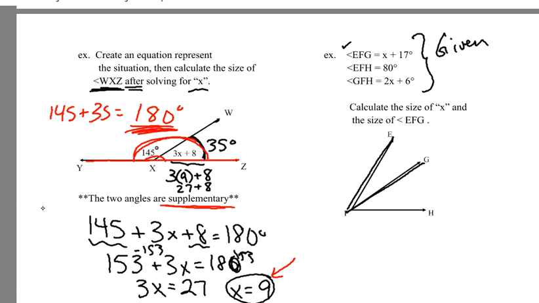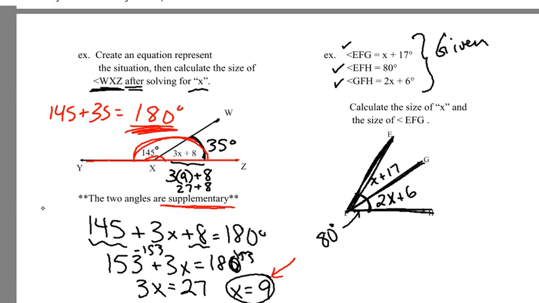It says that that is x plus 17 degrees. The next one says angle EFH, E to F to H. That whole big angle we know is 80 degrees. And the last piece, GFH, it says is 2x plus 6.